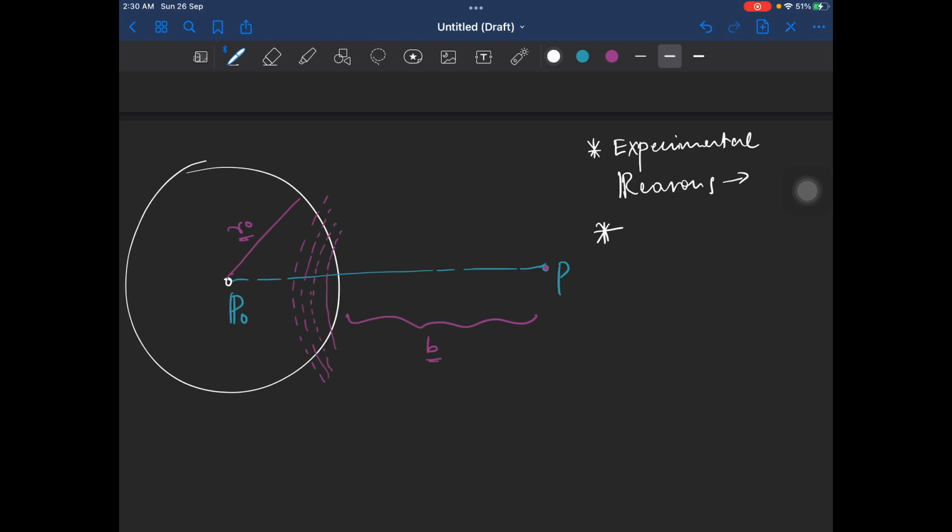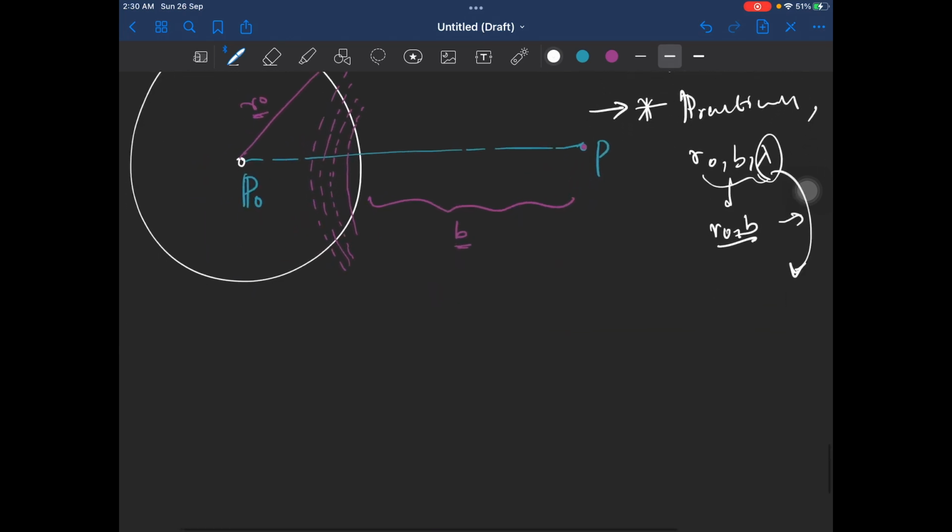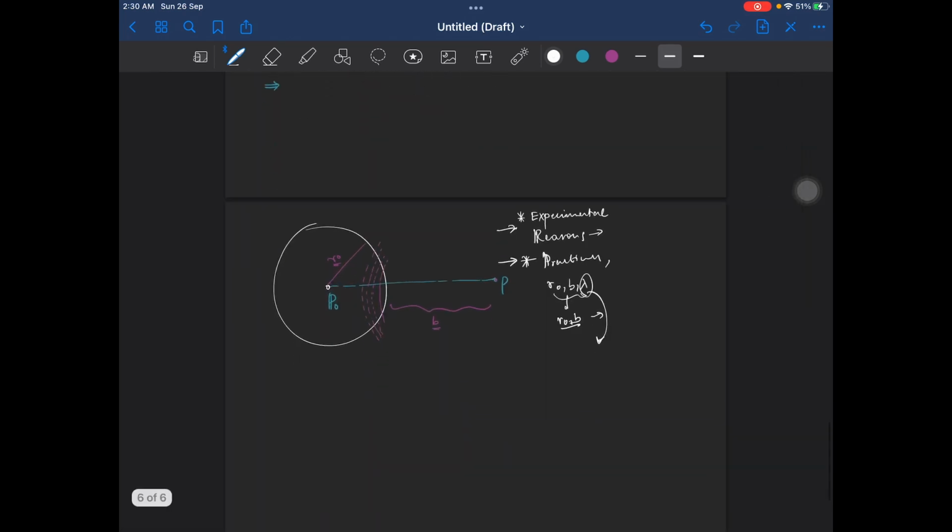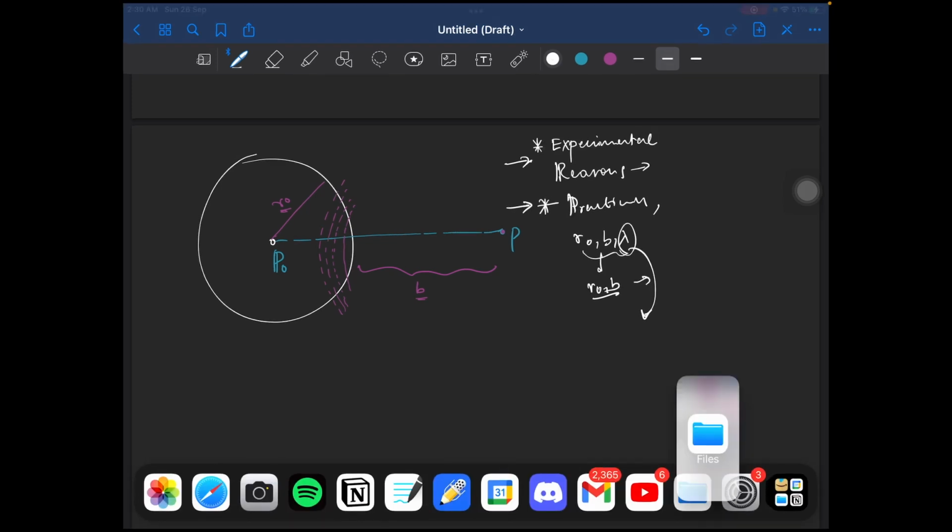That's one point of view, and the second point of view is theoretical, and this is also practical. Practically, for reasonable R0 and B, it does hold. But where does the picture of lambda come in here? You don't need lambda to see that plane waves are. That's what the drawing here was.